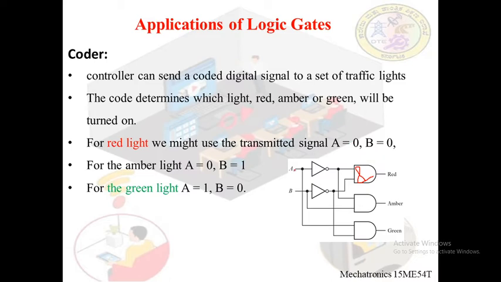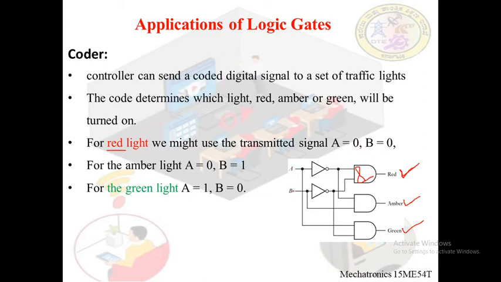For example, if this is A and B, in order to get the red light to glow, that is the signal to stop, amber to get ready and green to move. In order to get a stop signal, red light, the signal given is A 0, B 0.